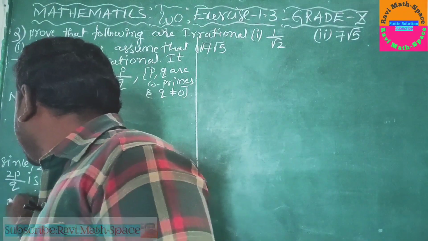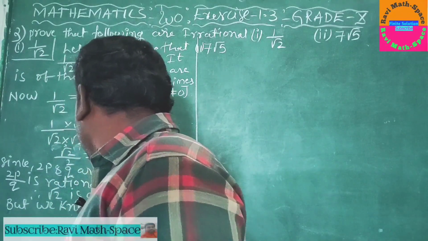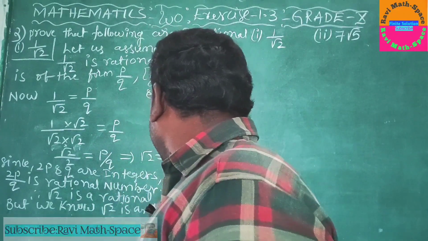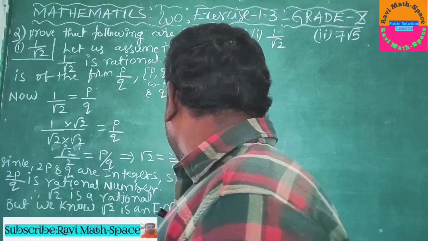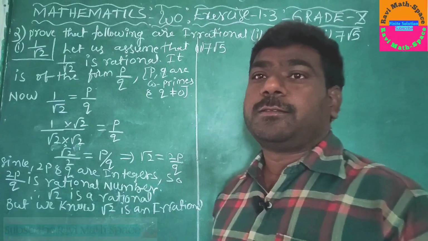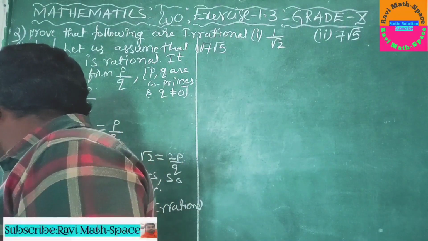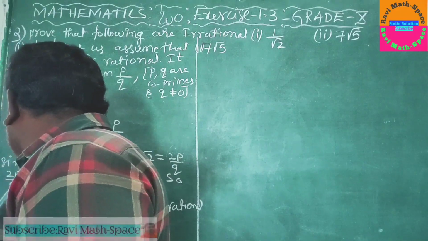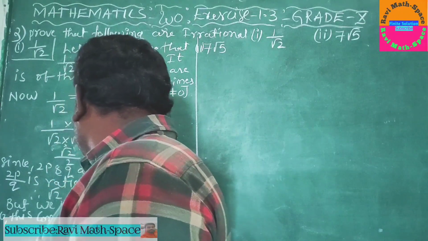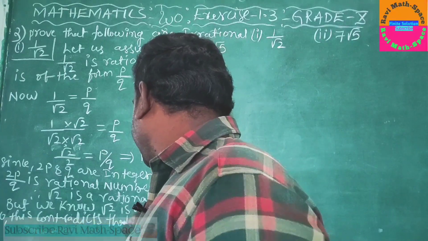But we know, what do we know here? Root 2 is an irrational number. Yes or no? This is a fact we know. So this contradicts the fact.